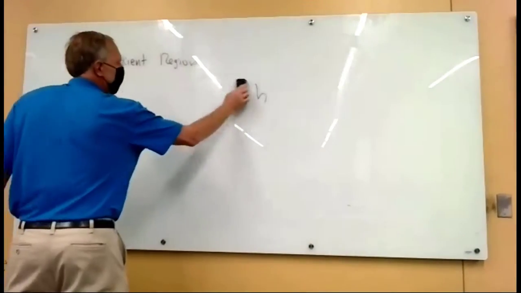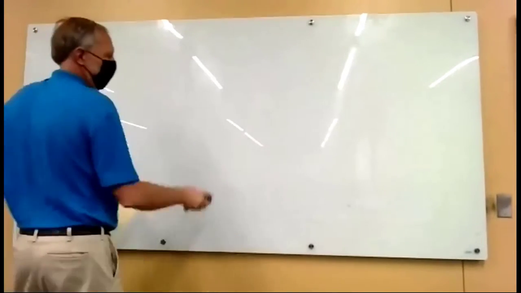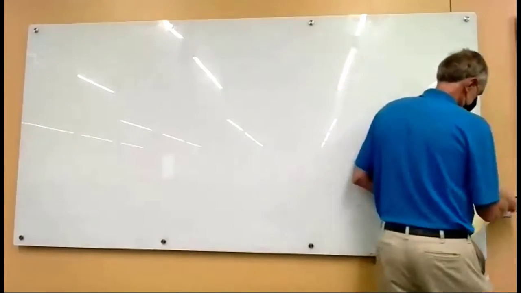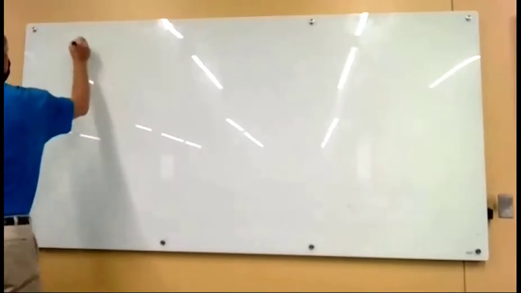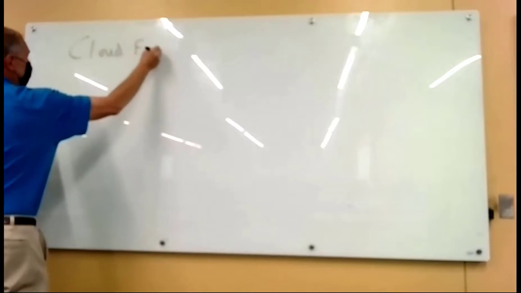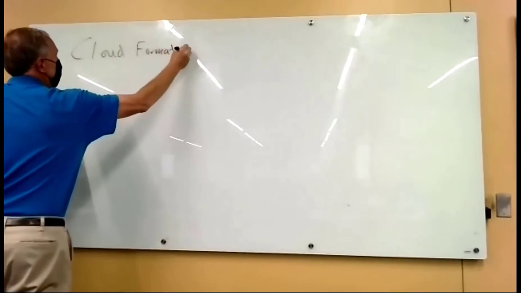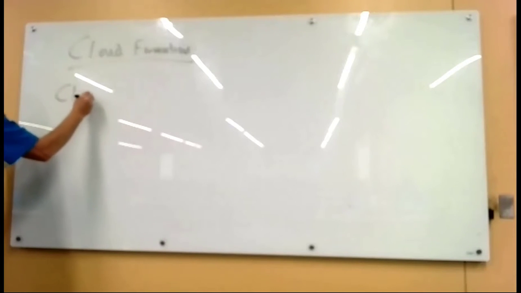Why clouds form. It's because of this gradient region in the troposphere. By the way, this is not in your textbook, but it's still important.